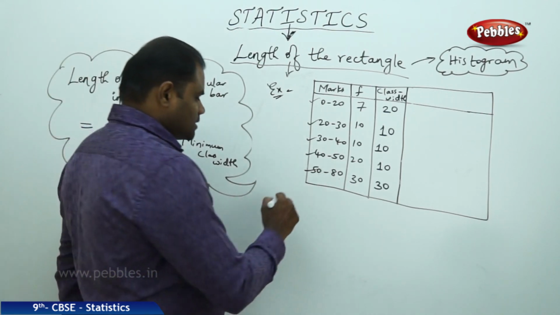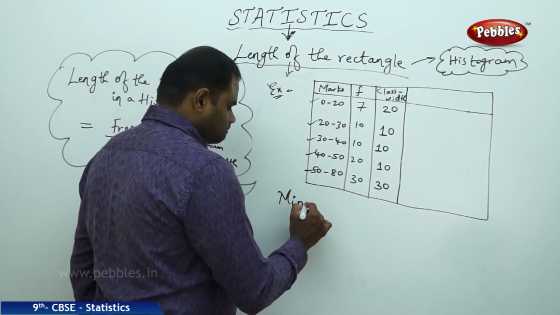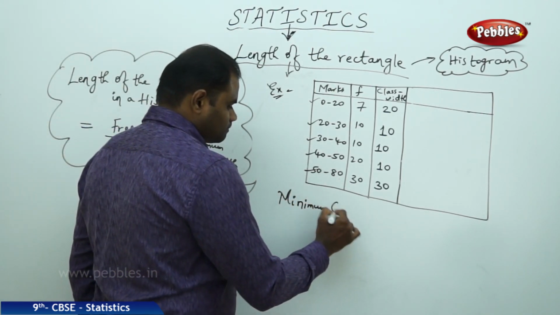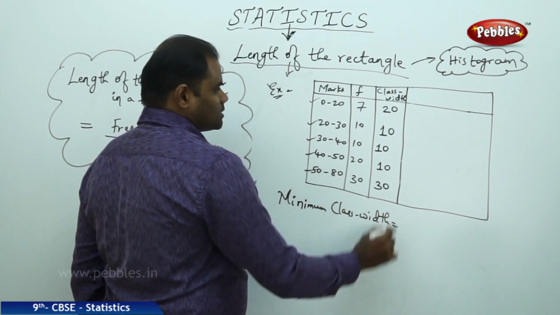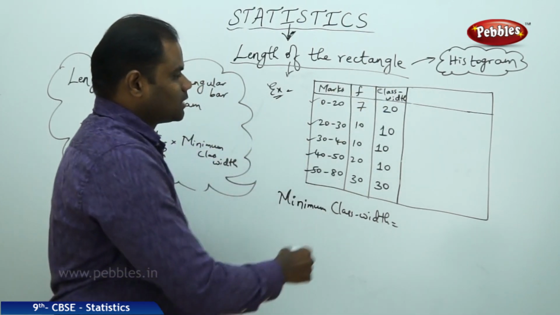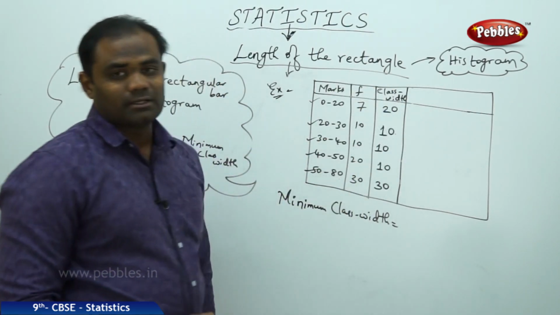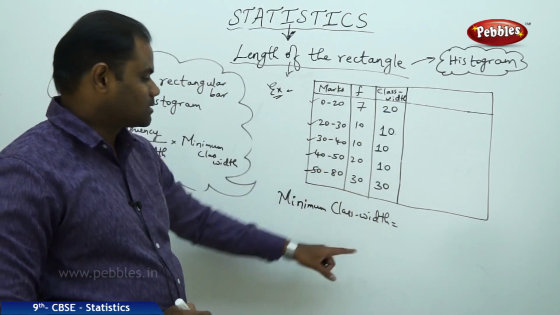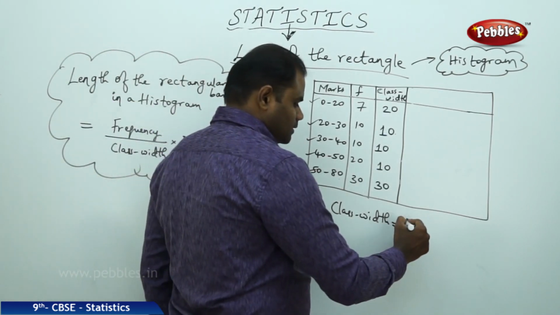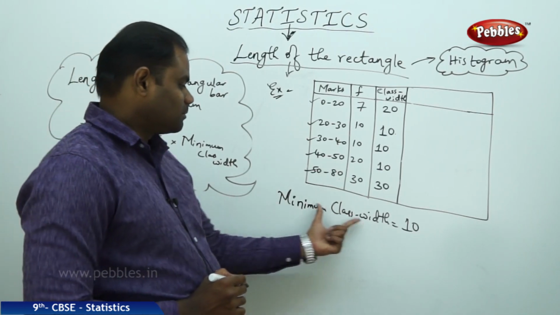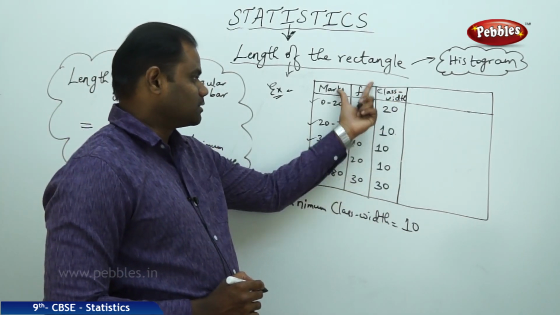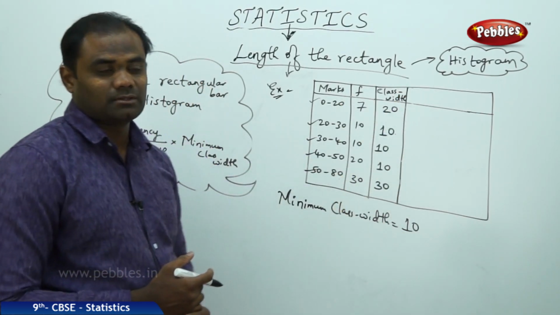Now the minimum class width is the least of all these values, and I clearly see that 10 is the least of all the class widths. So the minimum class width is 10. Now we have the minimum class width, the class width, and the frequency.